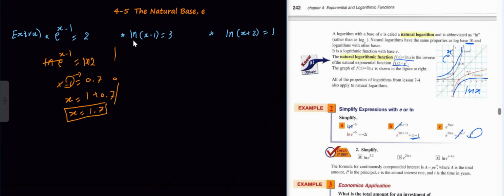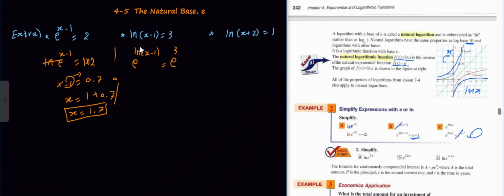For the second one, if we have ln, we can cancel ln by taking e. So how can we take e? We take e as a base. So it will be e to the power ln(x minus 1) equals e to the power 3. As you see, we take e as a base.